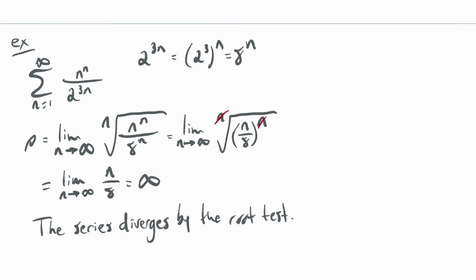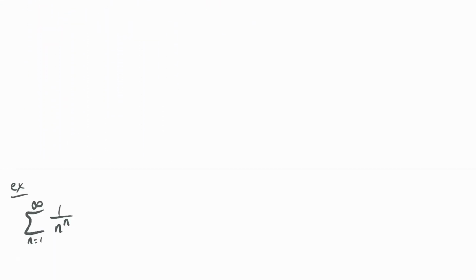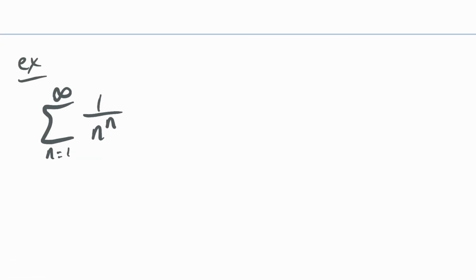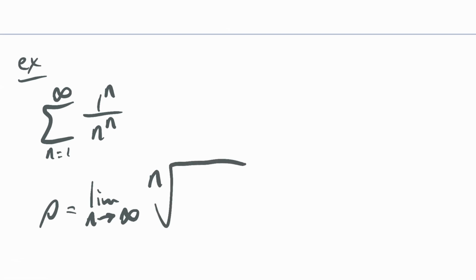Okay, next example. We have an exponent of n, and you might say, yeah, but the top doesn't. Well, 1 to the n power is 1, so I can just throw it on there. So rho equals the limit as n goes to infinity of the nth root of 1 over n to the n.